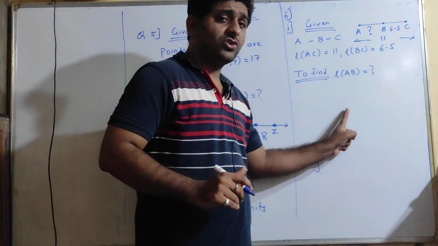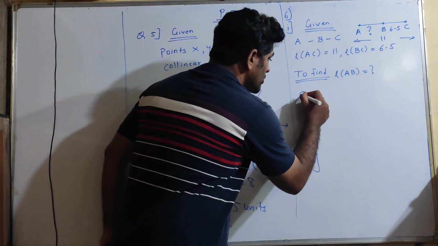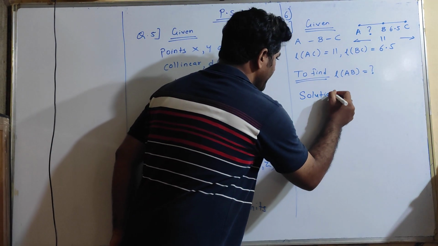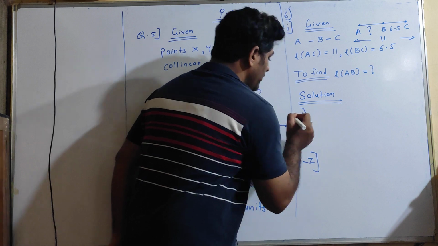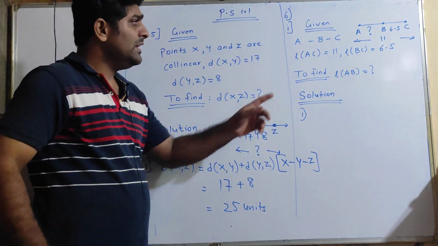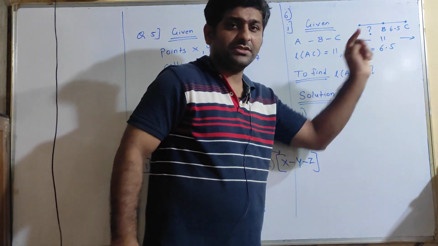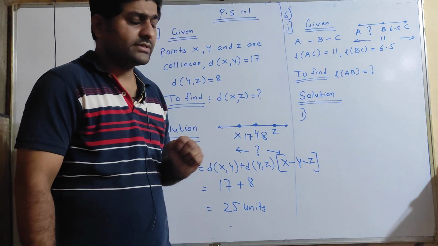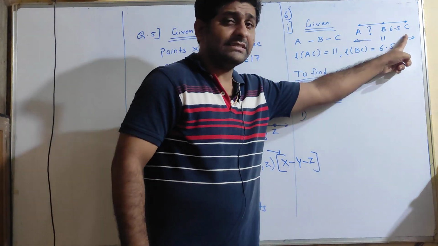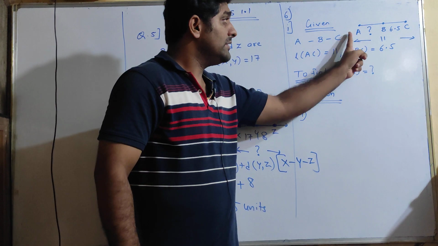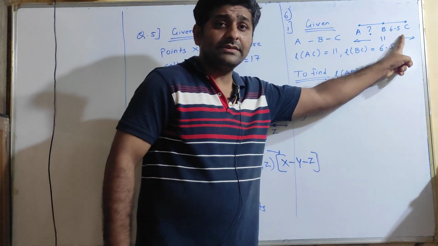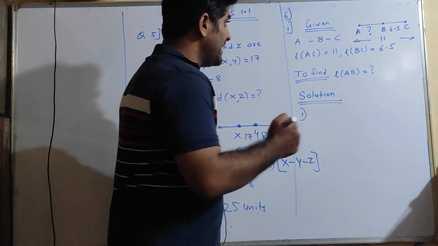So we have sketched the figure. Now let's do the solution. So in our solution, first step, now it is given a dash b dash c, correct students? So if it is a dash b dash c, according to the figure, the greater distance is AC. So what do we write students over here?